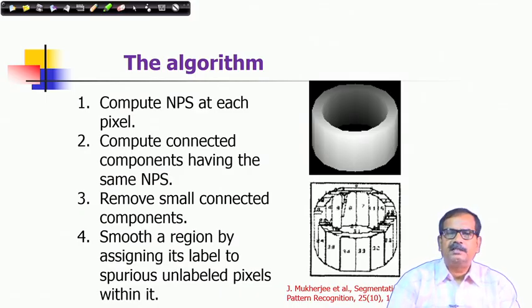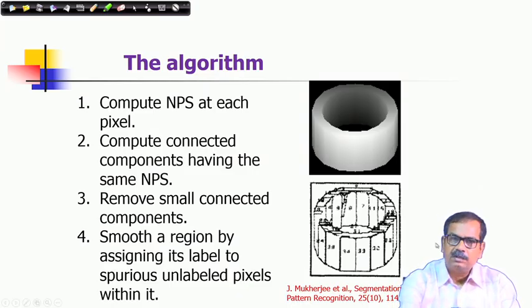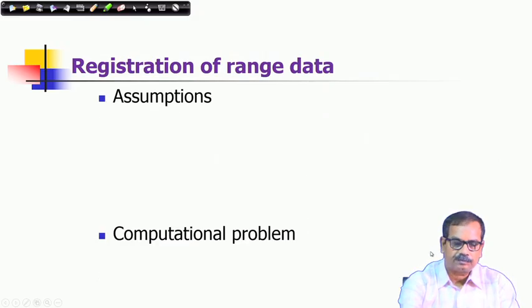The upper one is the display of a range image. In this case, the higher the brightness value, the nearer the pixels, and the darker points are far behind. That is how this display has been made, and the corresponding segmentation results are also shown here.